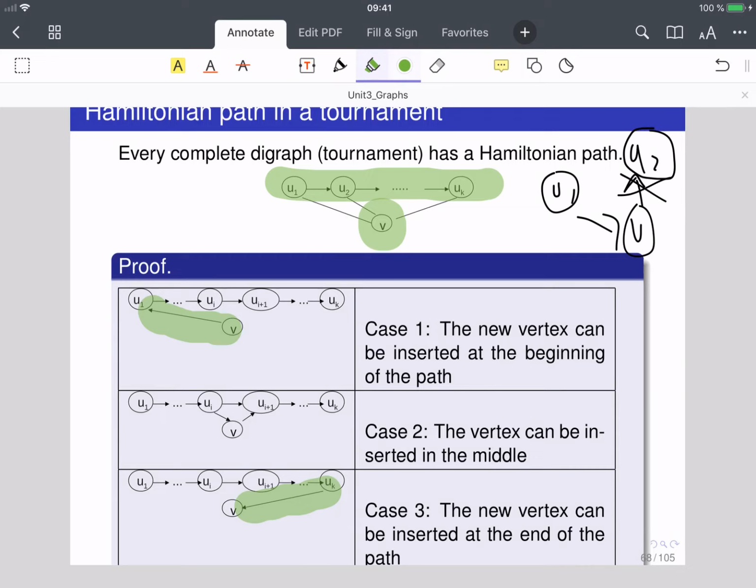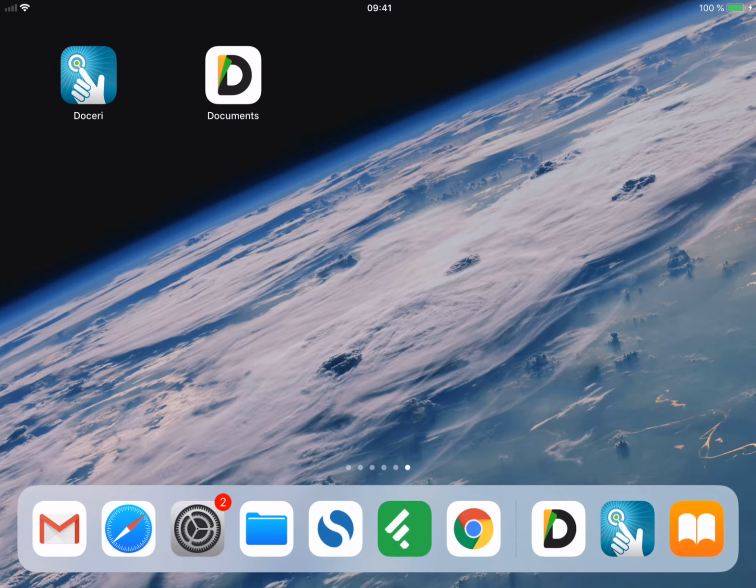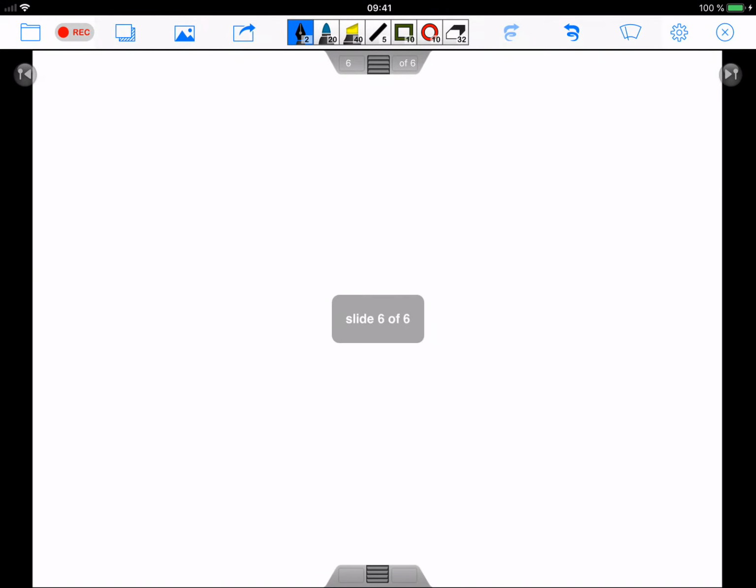Okay, if I give you an exercise with a graph and I ask you to find the Hamiltonian path, it means that it is either a tournament or it is easy to find the path or to show that no path exists. Okay, so for instance, imagine that I give you a graph like this one.